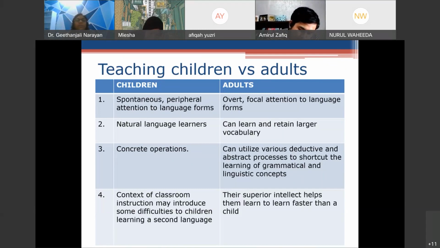Whereas for adults, it's very much overt, like it is not spontaneous. They have to think and then they will answer. And the focus is very much on what you are teaching. So if you teach subject verb agreement, they actually pay attention to it. Children don't bother. So they will make those mistakes.